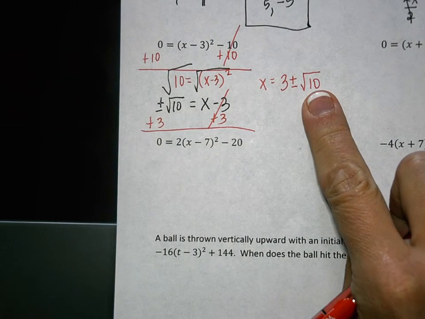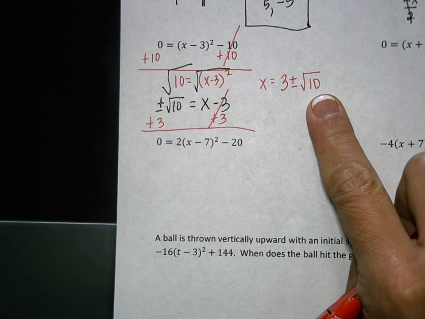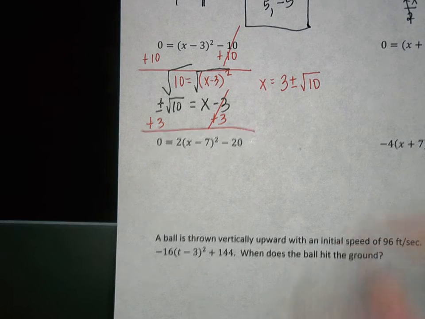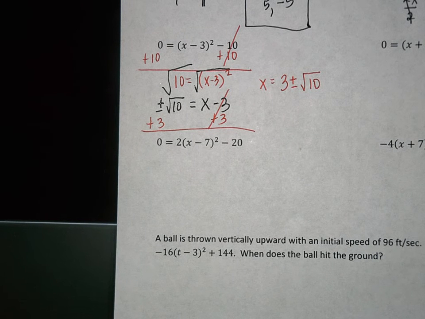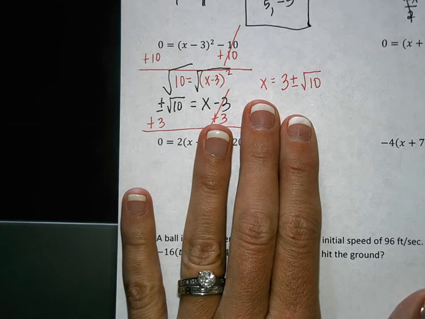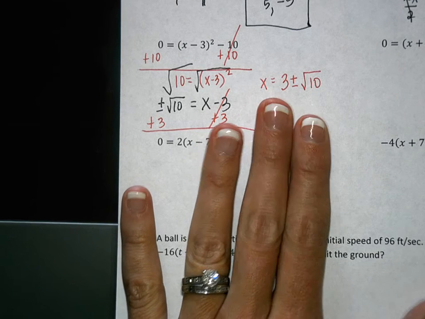If this was a whole number, I would end up separating it into 2 different problems. And I'd go 3 plus, let's say root 10 was 5. Then I'd go 3 plus 5, which makes 8. And then I would do 3 minus 5, which would make -2. And I'd get the 2 different answers, okay? But I can't simplify 3 plus root 10. So I would just leave it like this.